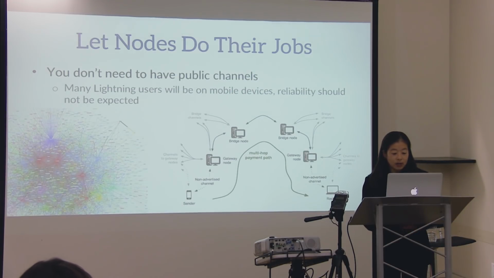So I'll invoke Adam Smith here on the idea of division of labor. Different nodes are going to be better at different things. Not all Lightning users will need to be routing nodes, and not all Lightning users will be expected to stay online and maintain channels all the time.